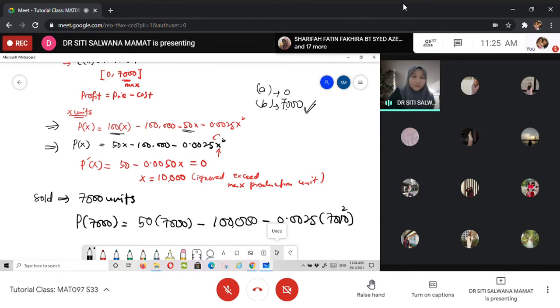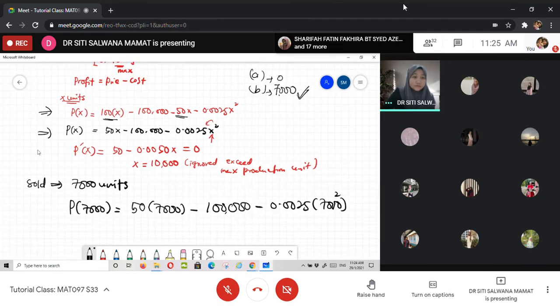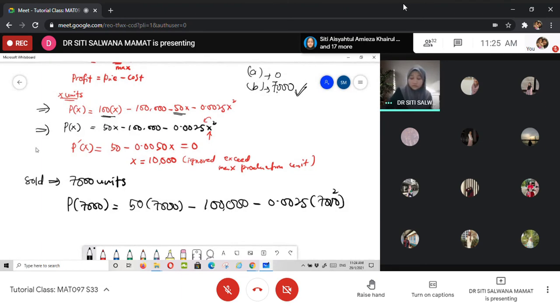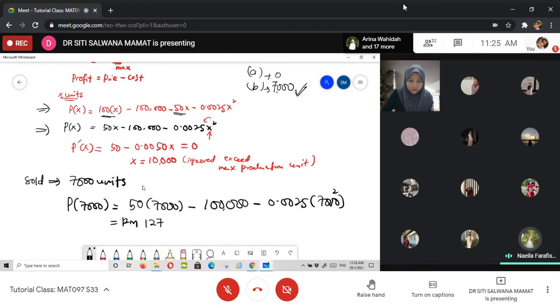Okay, so berapa profit you dapat kelas? Kita tengok. Yang ni dapat berapa profit kita? Ni kita dapat berapa profit kat situ? 100 to 27,500. Okay, so this is you punya profit lah.